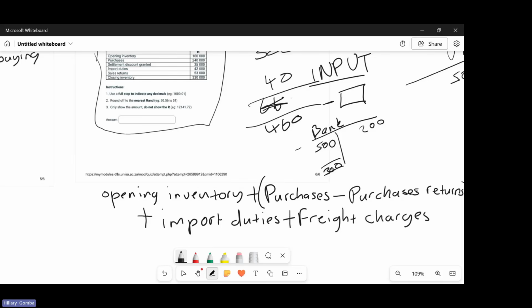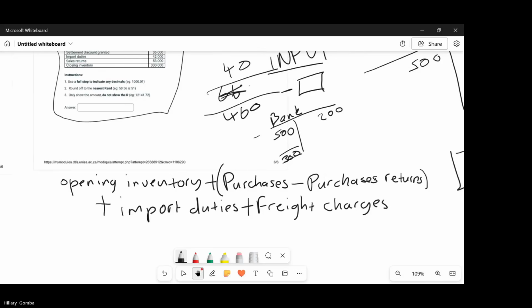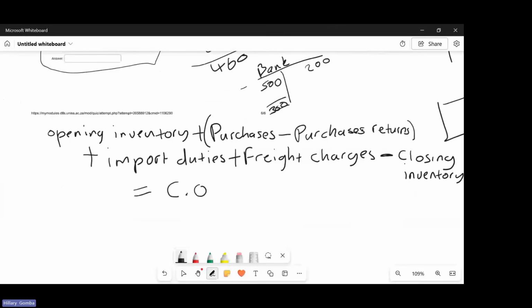So you add your freight charges, and then after that, you say minus your closing inventory. And the total that you get from all these will be your cost of sales.